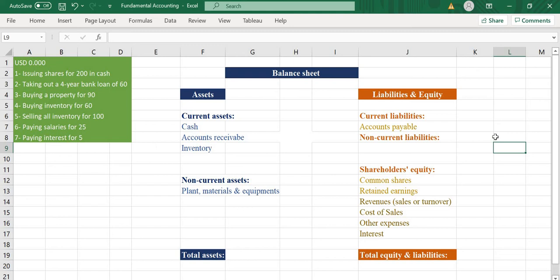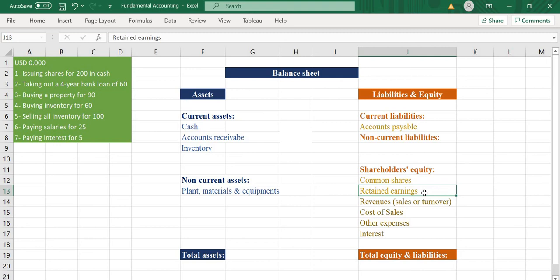It could be more than 1 year, 2 years, or up to 10 years for the company's non-current liability. And we have shareholder equity. The shareholder equity includes common share or equity capital and retained earnings.